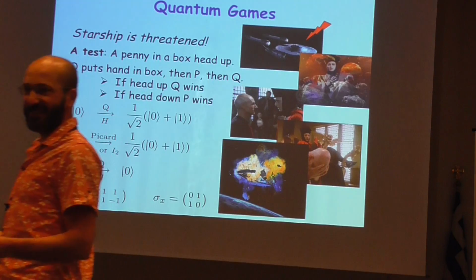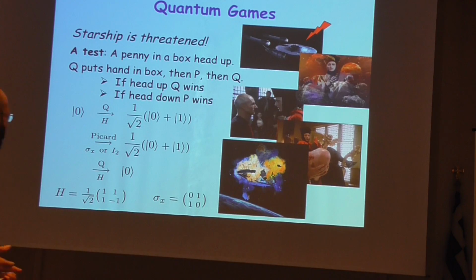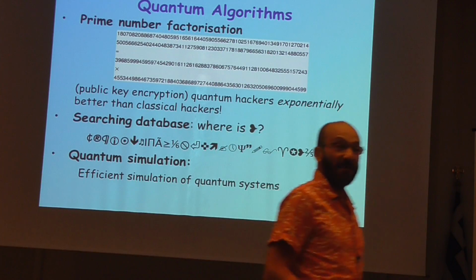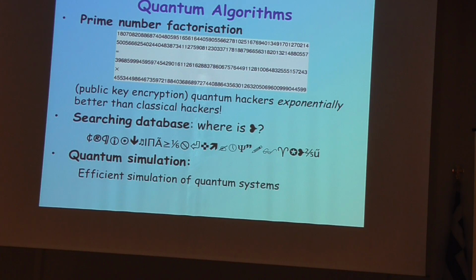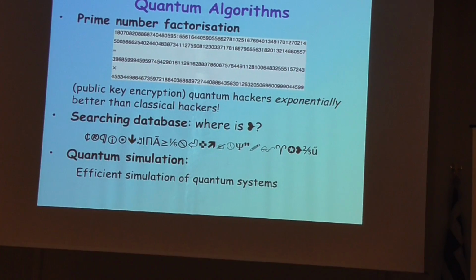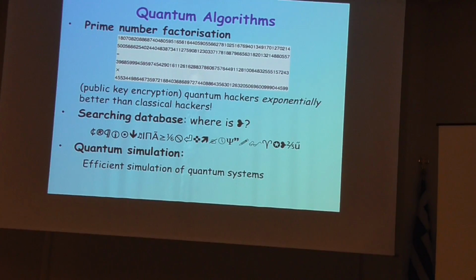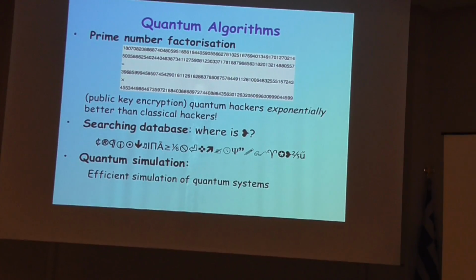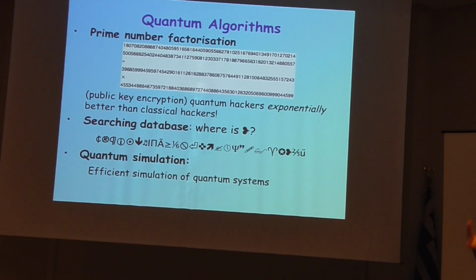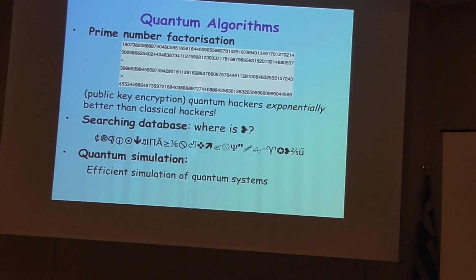It's just a fairy tale, right? Things we can do with quantum computers are factorize large numbers exponentially fast. Well, it hasn't been proved exactly that it's a true speedup, but we can do it better than what classical computers can do now.